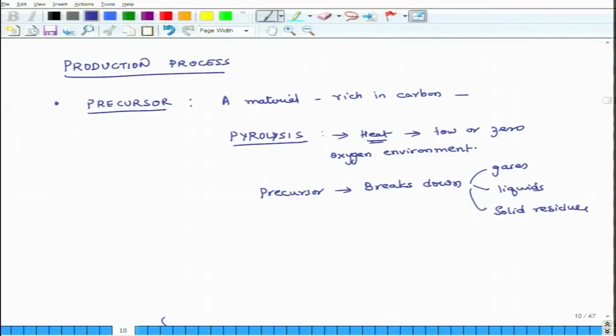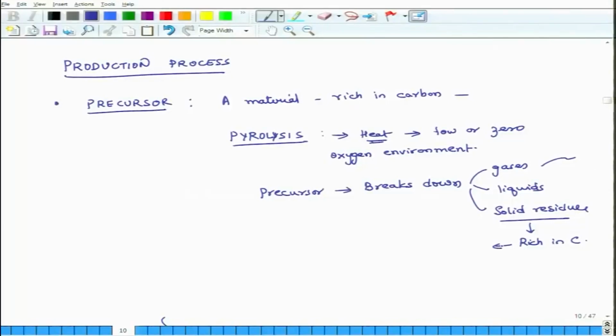And this solid residue is rich in carbon. So, these gases go out, liquids are taken away, and what you are left with is a rich carbon-based residue.